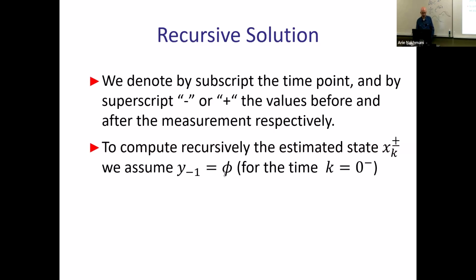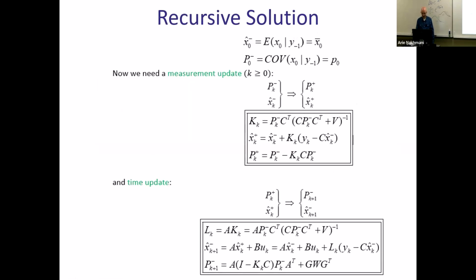So I would assume nothing for y at -1, but I will also need to assume something on x0, and I will use the distribution that we used before. I can use just 0 or some other number. This is just to make these formulas work. I need to start somewhere. And this is how the formulas look. These are the Kalman filter solution.